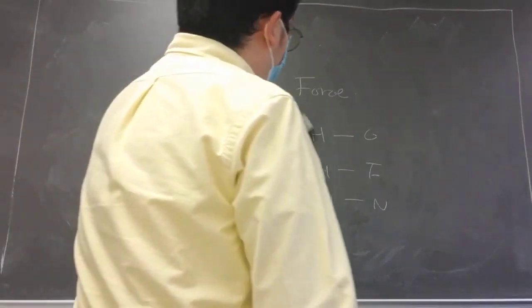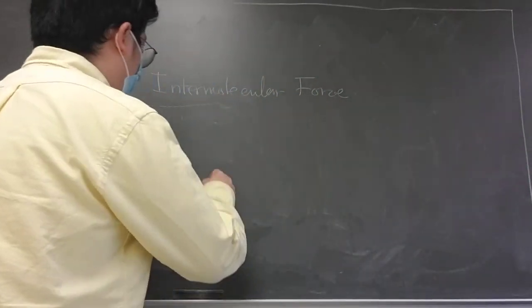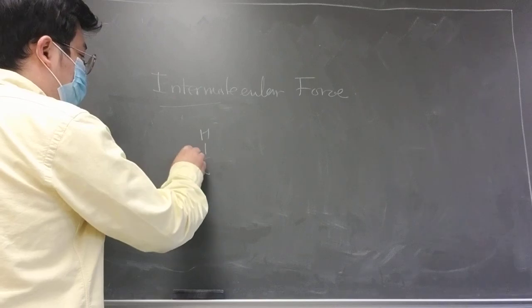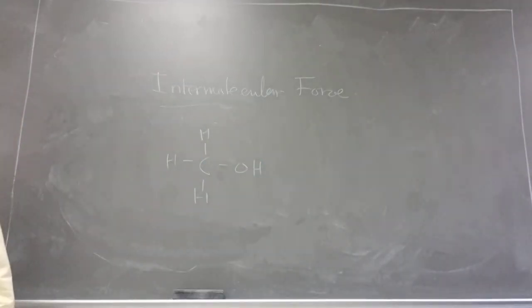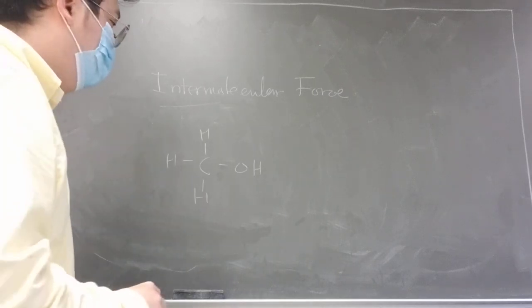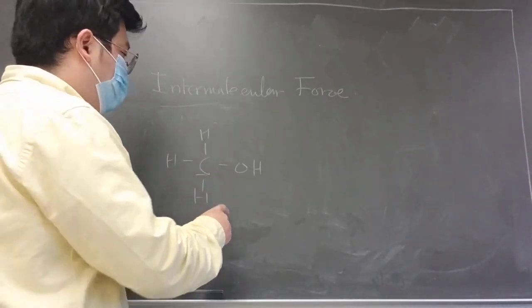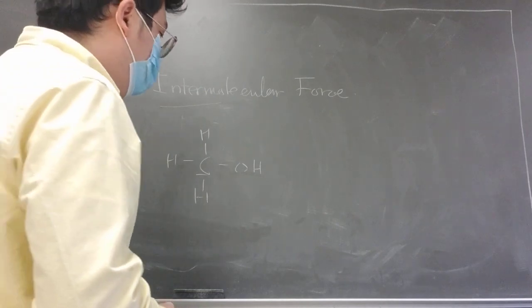I know you guys haven't gone into much of the functional groups yet, but you probably know this one anyway. It's very common. It's methanol, right? It's a one carbon, meth, and the alcohol is methanol.